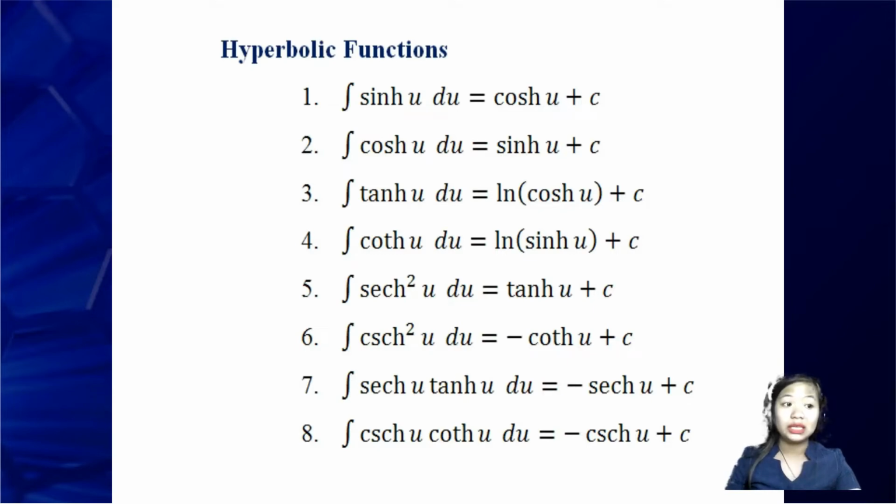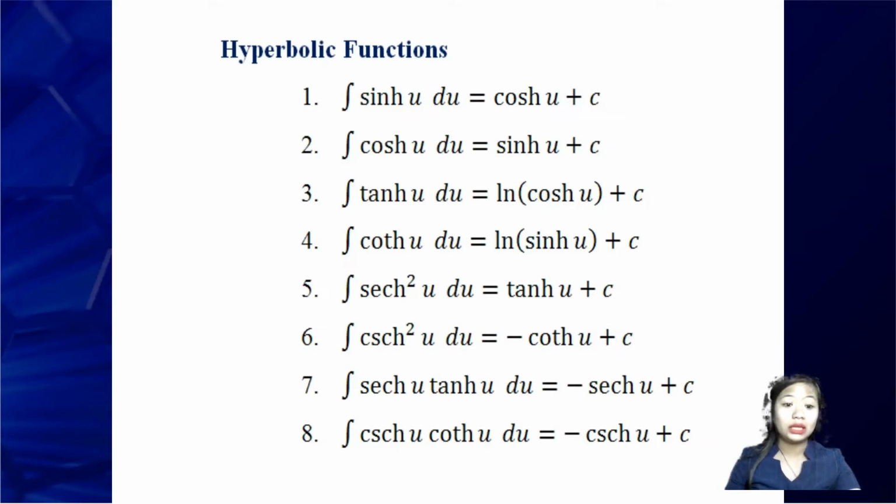We have also the integral of hyperbolic secant squared u du, that is equal to hyperbolic tangent u plus c. And the integral of hyperbolic cosecant squared u du, that is equal to negative hyperbolic cotangent u plus c.